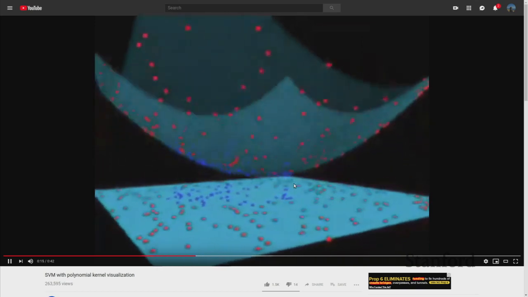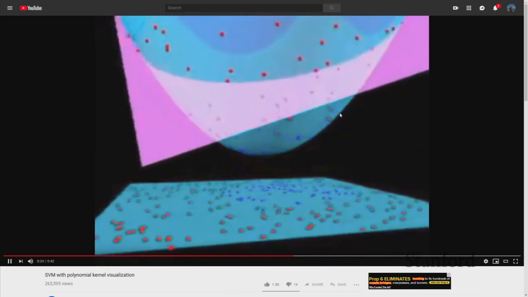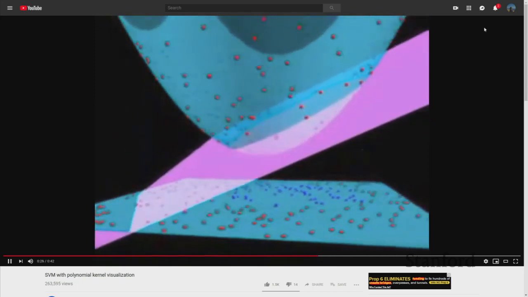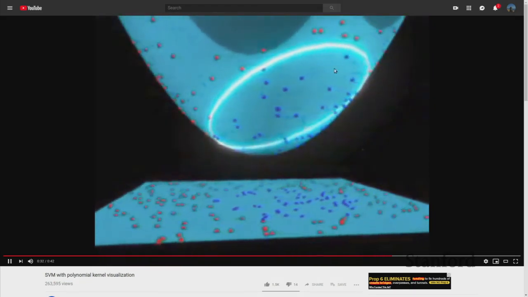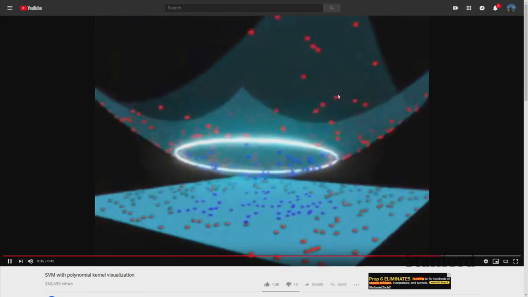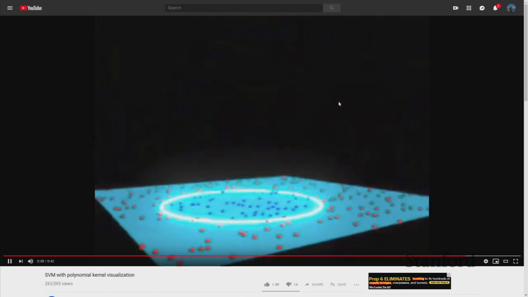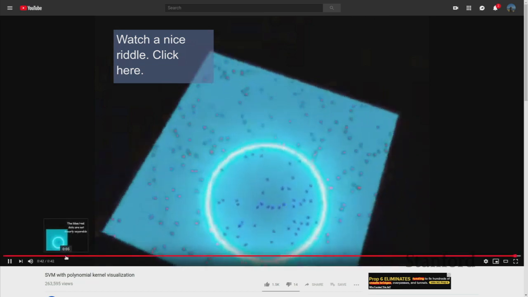What phi of x is doing is lifting the points into 3 dimensions in this case. In 3 dimensions, you can fit a linear classifier that separates the pluses and the minuses, and that looks like a circle. If you go back to 2 dimensions now, you get this circle. Okay? You want to see that again? I thought that's pretty cool.